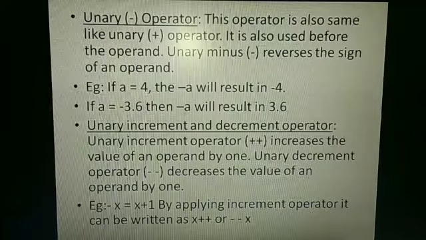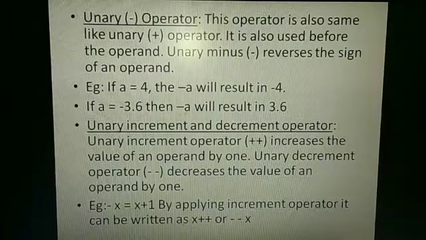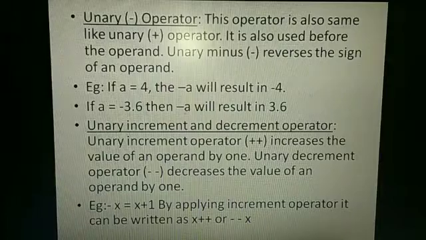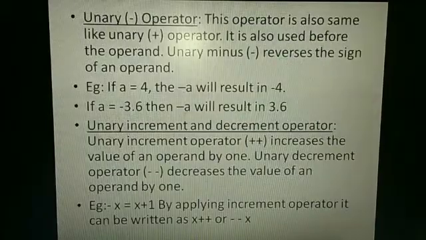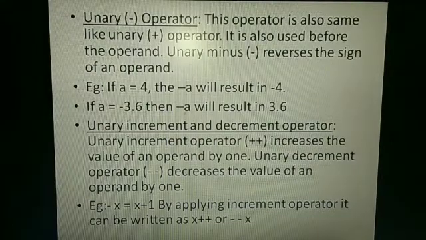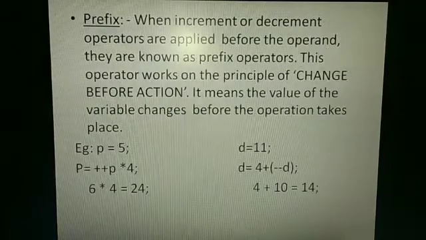By applying the increment operator, it can be written as x plus plus or minus minus x, that is, increased by 1 and decreased by 1. Clear? Next. Now the unary increment and decrement operators are again subdivided into prefix and postfix.